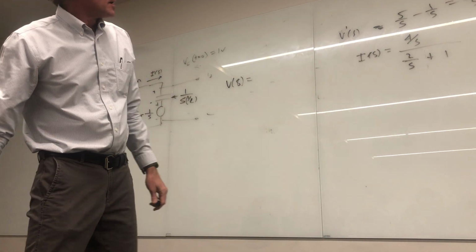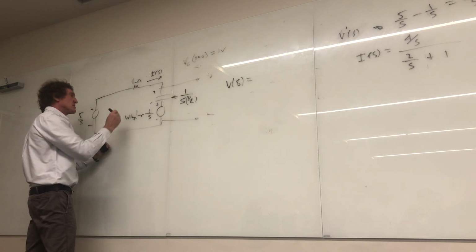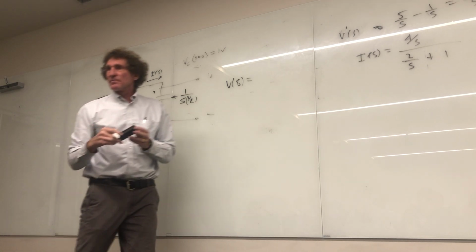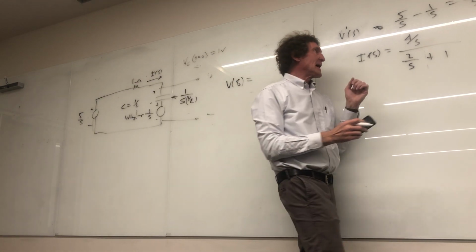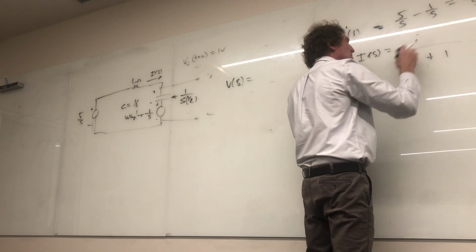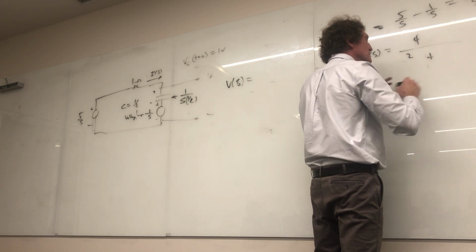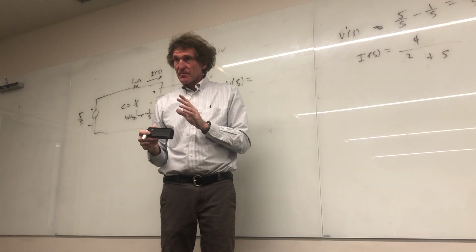Well, if this is 1/2, it's 1 over CS, and I put C equal to 1/2. I'm sorry, I erased it. So now what I'm going to do is multiply top and bottom by S. All right, now I have I of S, correct?